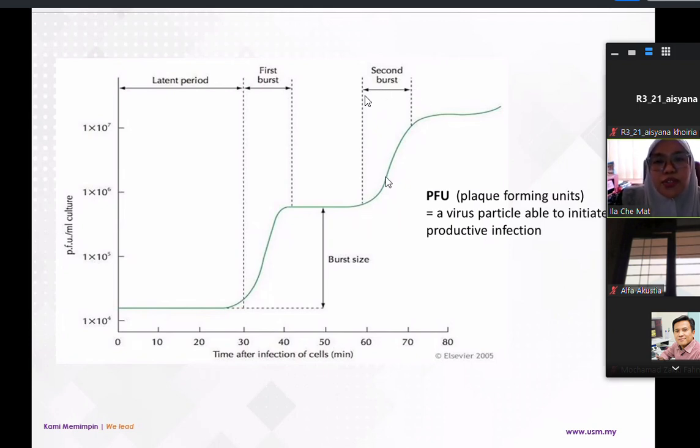That's how you see the second burst. This will repeat again and again until the dose is high enough to cause the disease. So basically, this is how it looks. First burst means that new virus is released and then goes to infect other cells and releases again. That's why you see multiple peaks of virus burst. Okay.